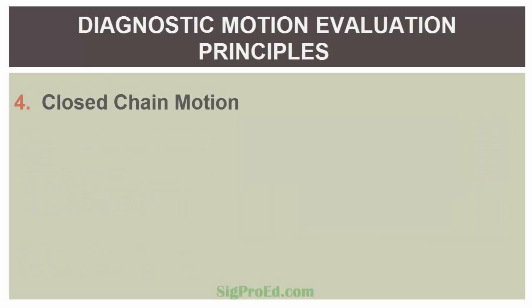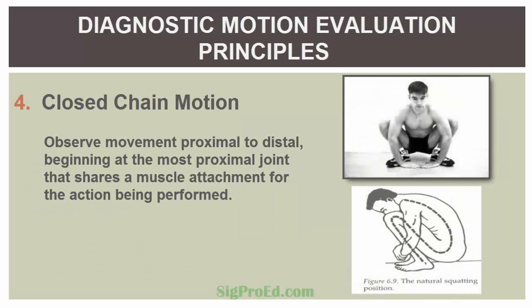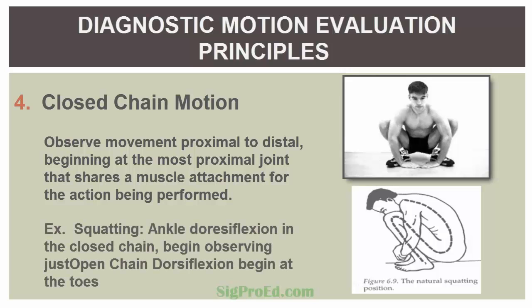For closed chain activity, the motion begins proximal to distal, beginning at the most proximal joint that shares a muscle attachment for the action being performed. And in this individual, if we looked at dorsiflexion again, the most proximal place that a muscle attachment is that shares the ankle would be at the knee.